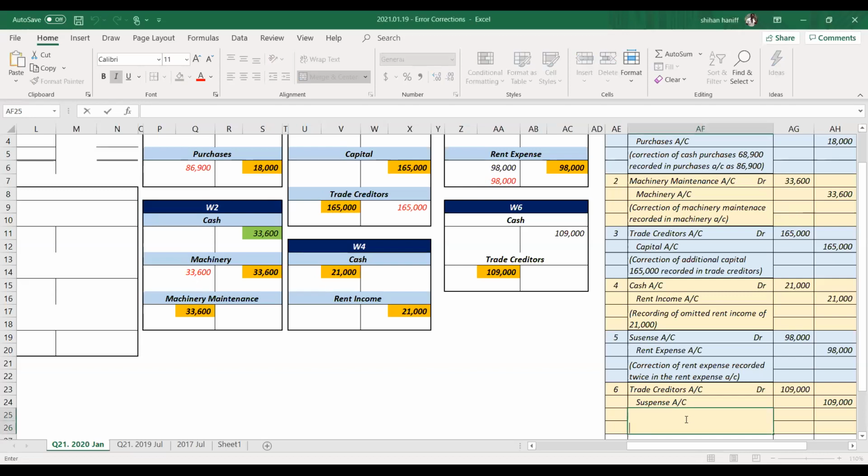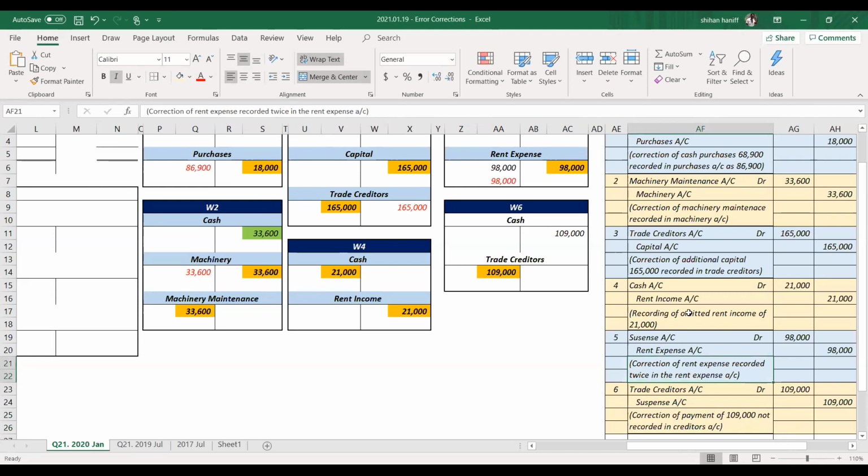Correction of payment of 109,000 not recorded in creditors account. Working number 6.